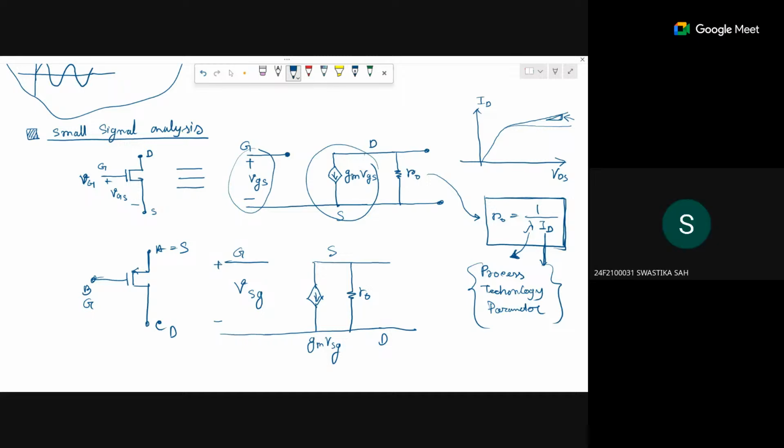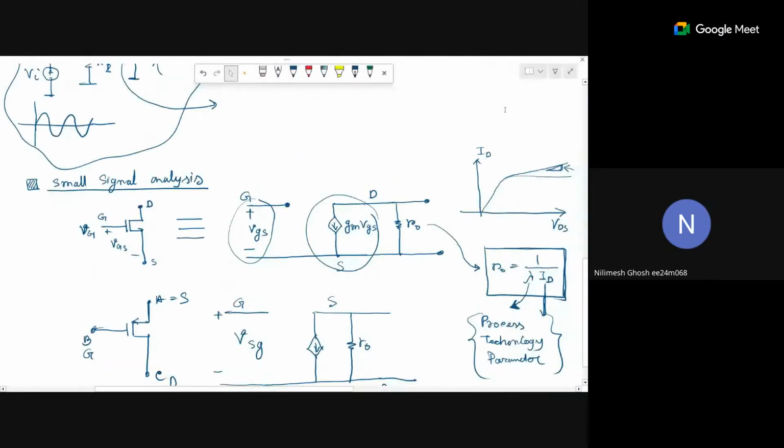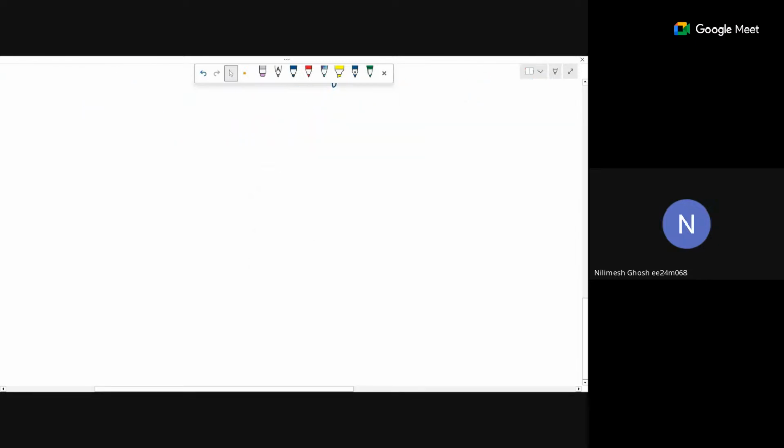No, sir. Okay. Now you guys have read about common gate, common source, and common drain, right? Yes, sir. Now I will quickly go through those amplifiers, and we'll discuss them. So by what factor have we characterized these amplifiers?